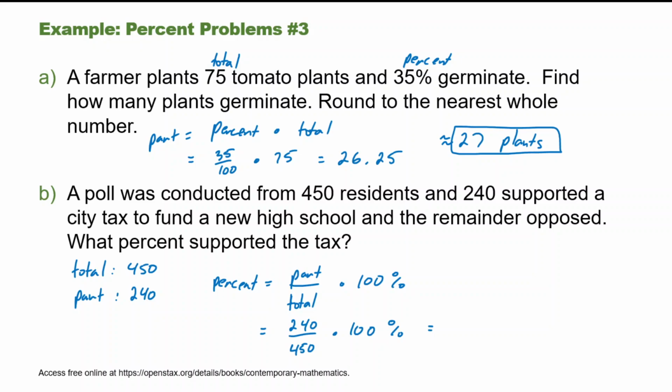So if we do this calculation, 240 divided by 450 times 100, this would be 53.3%. I'm going to go ahead and put a bar over the decimal, 53.3 with an over bar, percent, because that is exactly what percent, 53.3 repeating percent.